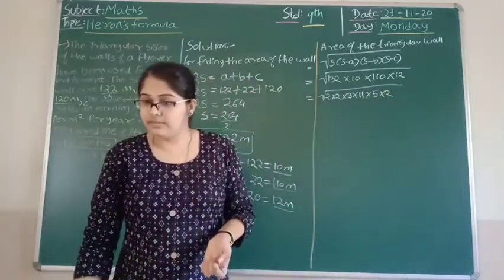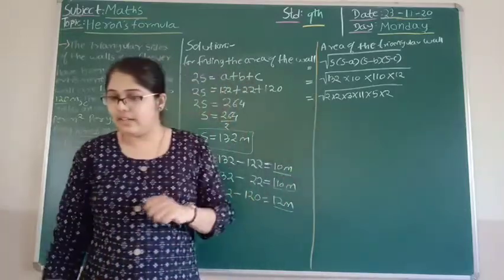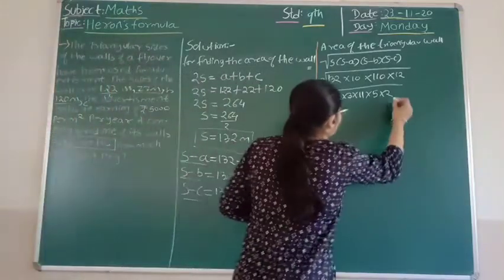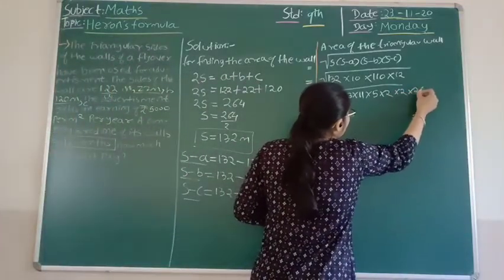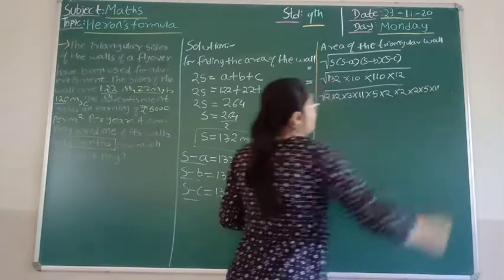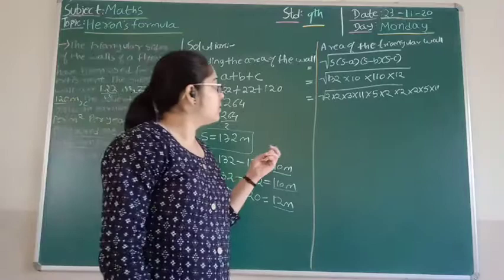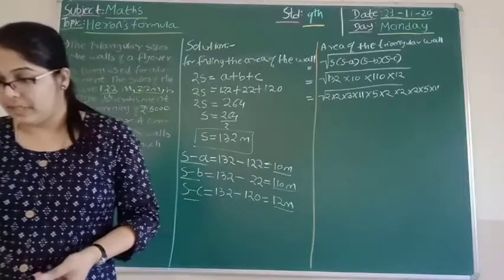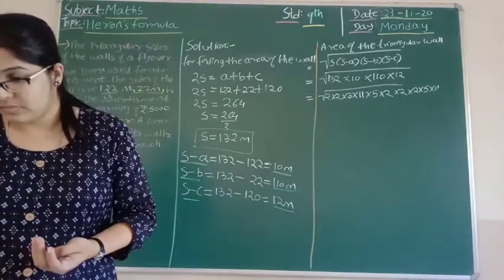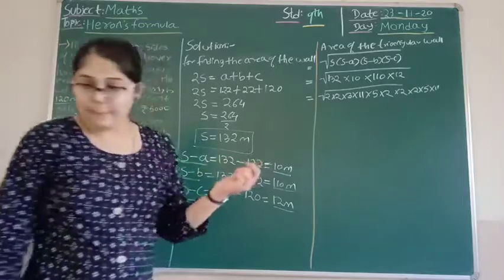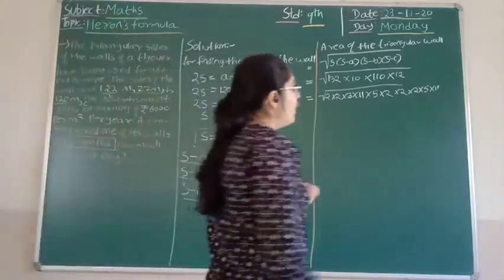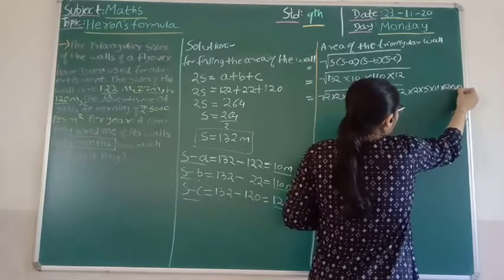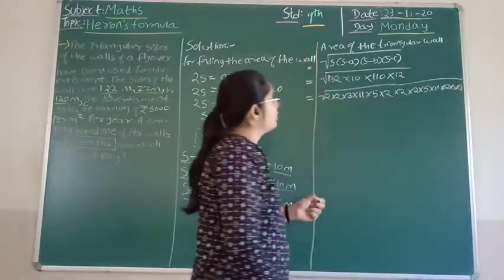For 110, the factorization will be 2 multiplied by 2 multiplied by 5 multiplied by 11. Now for 12, it will be 2 into 3 multiplied by 2. This will be the factorization.